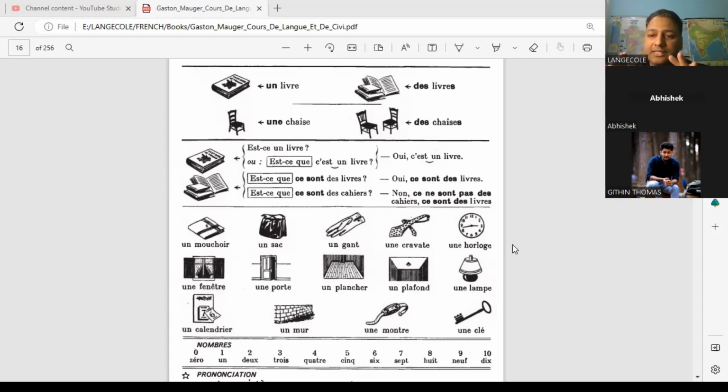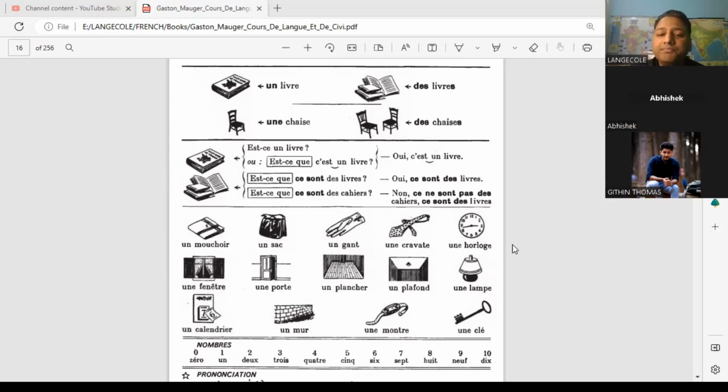C'est un livre means this is a book, or it is a book. So what we are doing is adding est-ce que before, which means we are asking confirmation about this. Est-ce que c'est un livre? Then you can answer oui, c'est un livre, or non, ce n'est pas un livre.